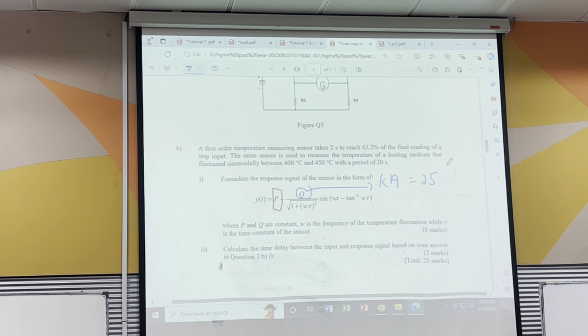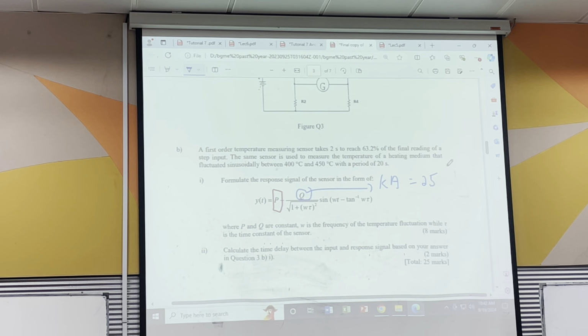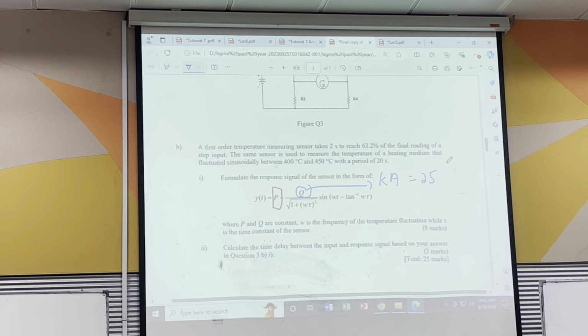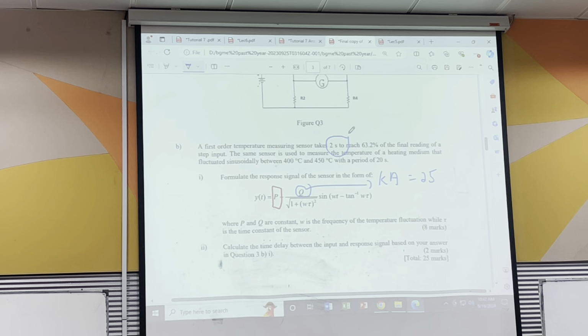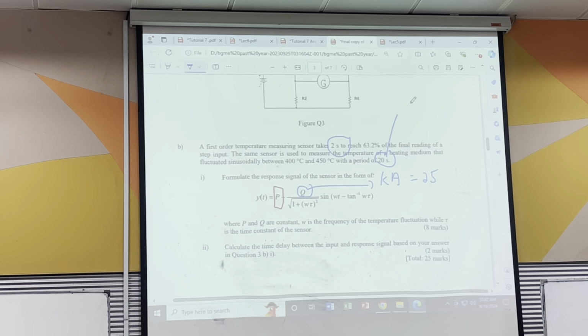Okay, so 1 plus omega tau. Tau is 2 seconds, you all know already. Omega is 2 pi f, right? And then your frequency f you can find from this period here. So the rest, I think you all should have no issue. The only issue is the value of P.